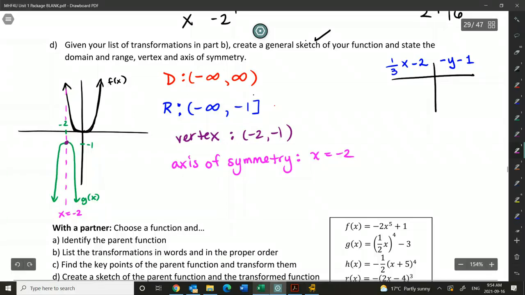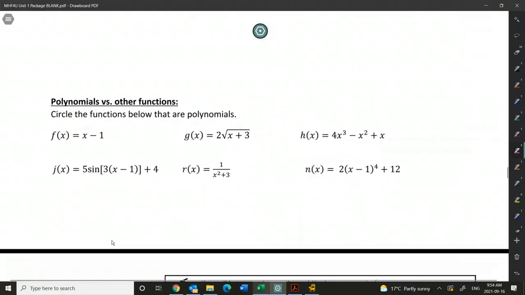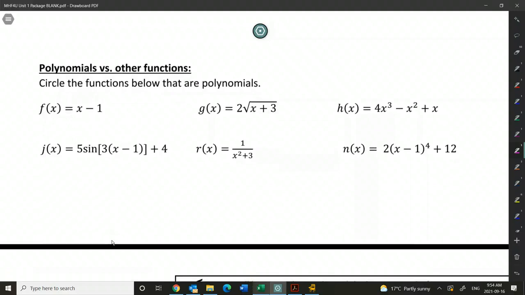Okay, so as I said, we're going to save this little activity for our review day. But this one, how do I identify polynomials versus other functions? In our very first lesson, we talked about a couple of functions that we learned about last year, and then we talked about polynomials. We can have polynomials in expanded form, which we call standard form. It's all expanded out. We can see each individual term.